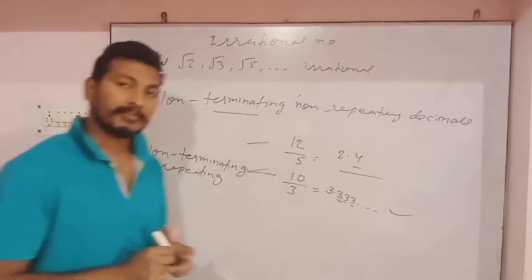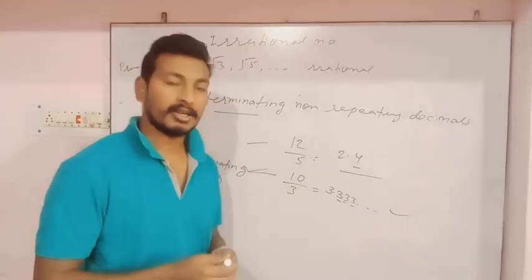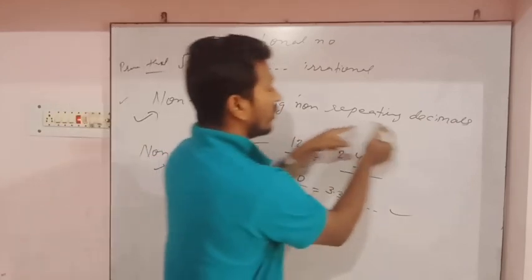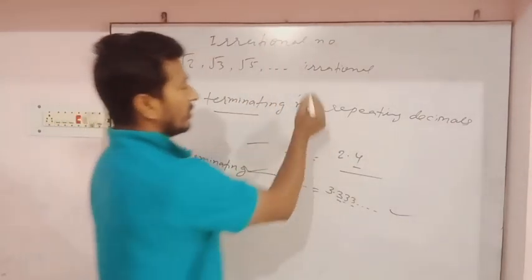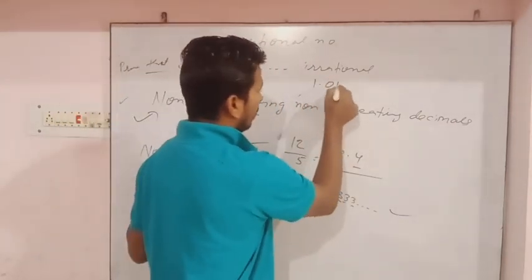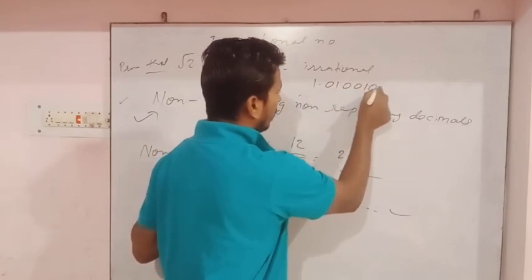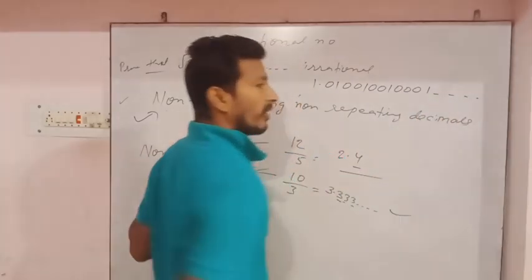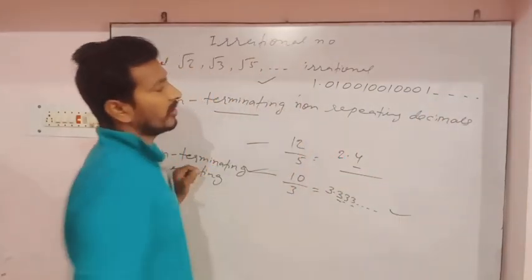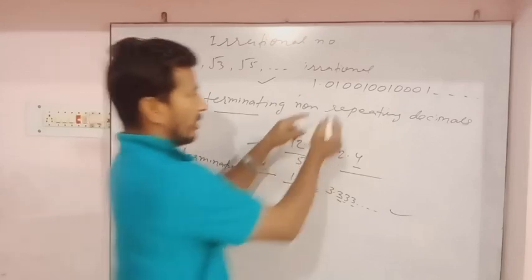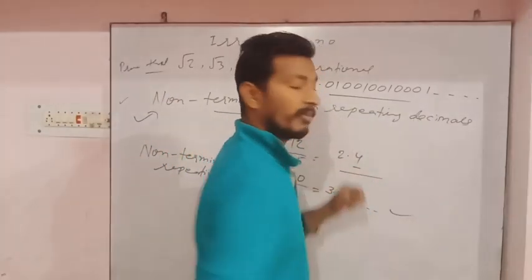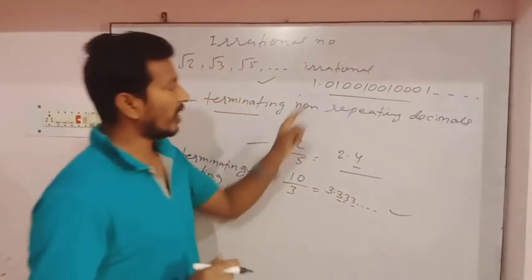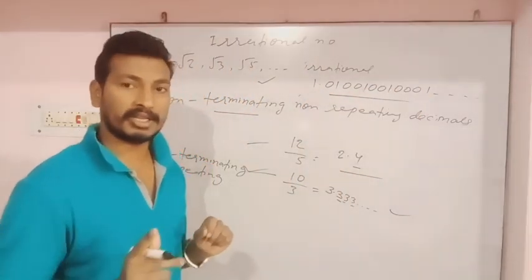Now can you give any example which is neither terminating nor repeating? Yes, this decimal expansion is called non-terminating, non-repeating. Now you can see here, first, there is not a finite number of digits, there is an infinite number of digits after the decimal. So this is non-terminating.